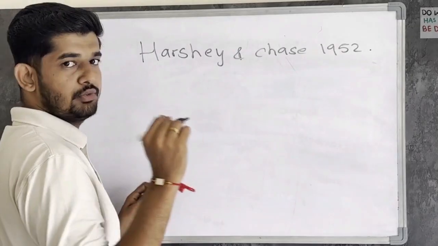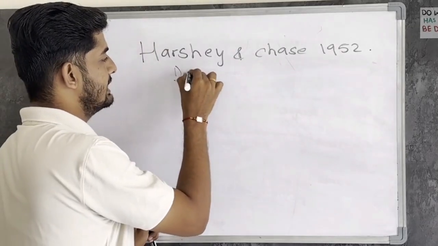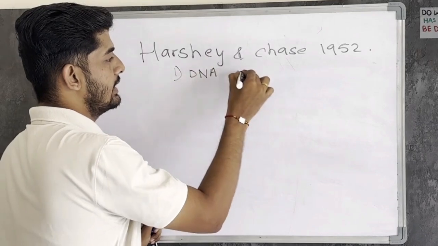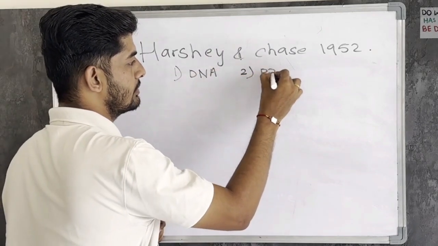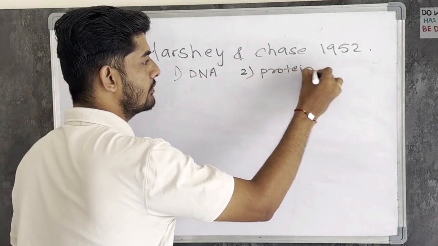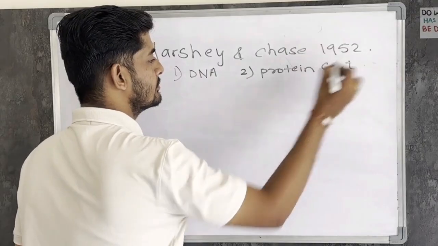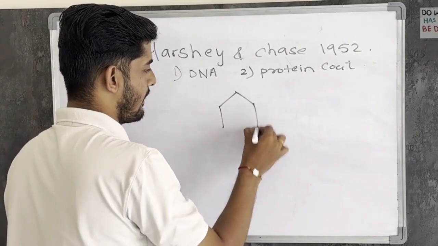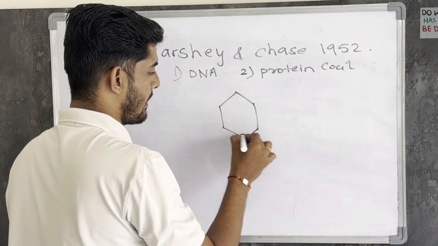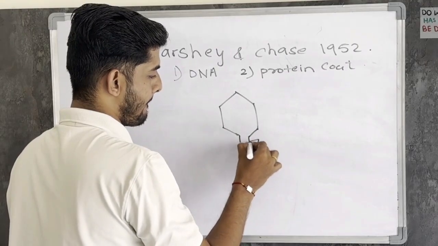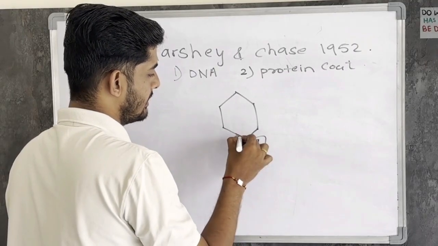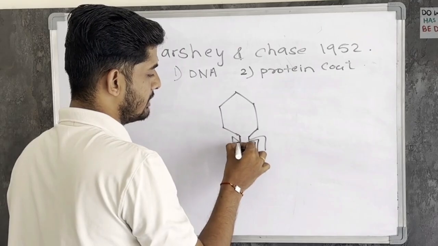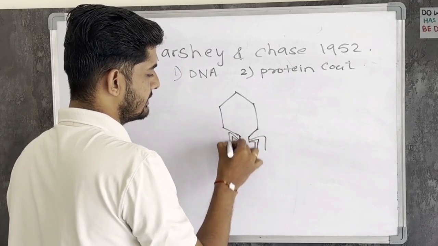Bacteriophage is composed of only two components. First is the DNA and second is the protein coat. So this is the structure of the bacteriophage. It has three pairs of legs, in total 6 legs.